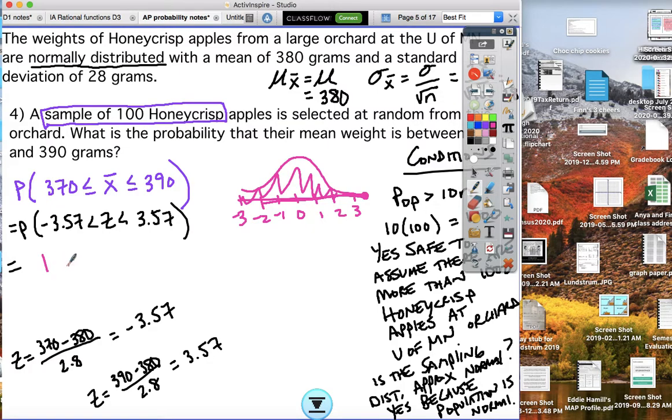So that would be a 1 minus, and then we need the probability that z is less than negative 3.57. So negative 3.57 would be here. Being less than that, there's nothing there. So I'm going to get a 1. Now, think about it this way. If I'm between negative 3.57 and positive 3.57, you see how that's everything? 100%.